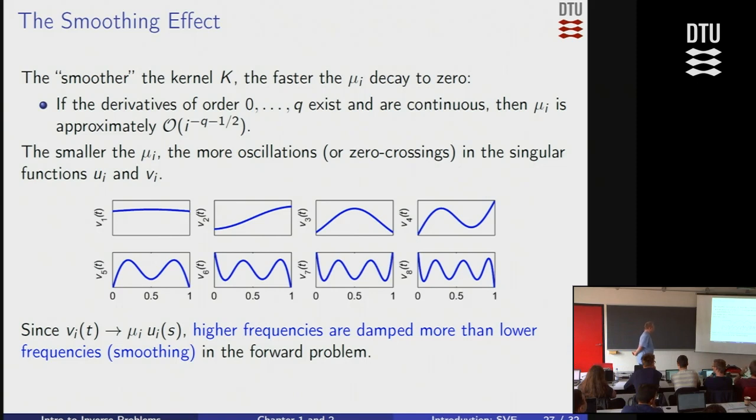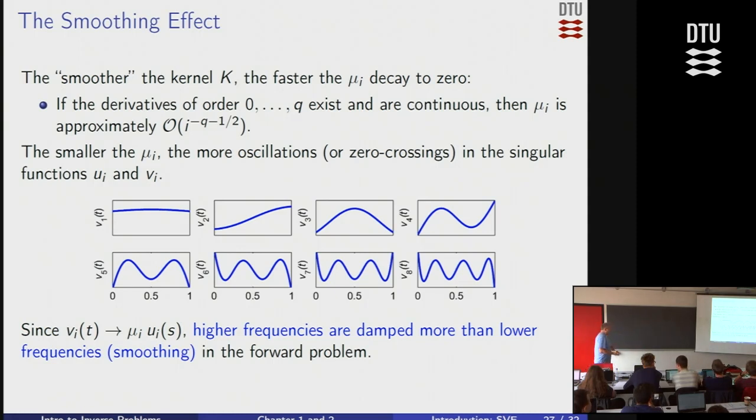And now remember that when we plug the function vi into the integral equation and evaluate the integral, we get mu i times ui. And the mu's, the singular values, decay because we ordered them like that, because we found that convenient.